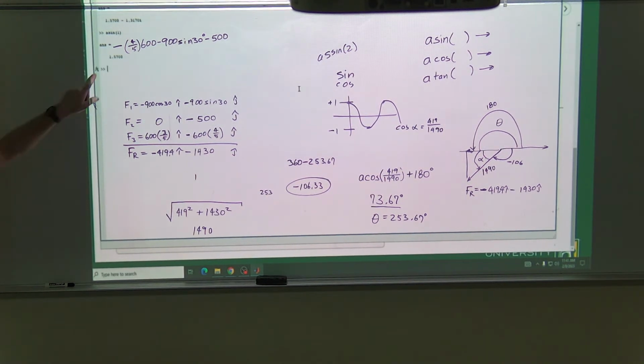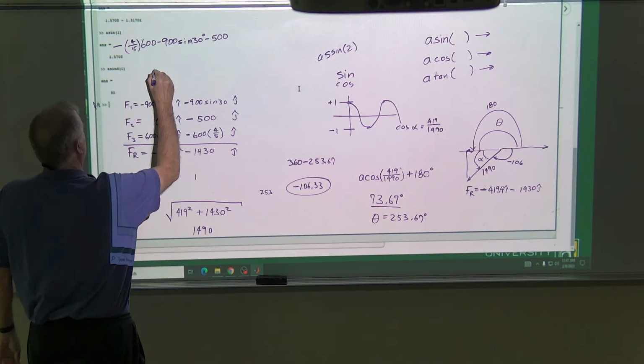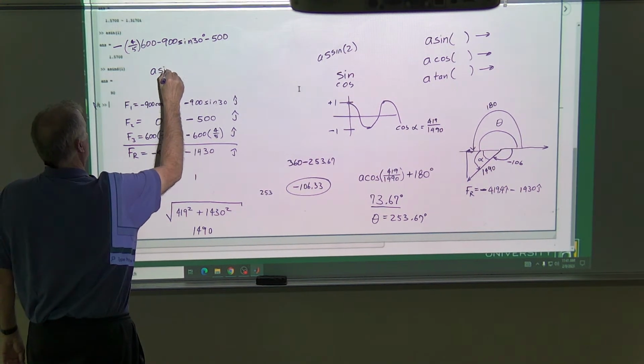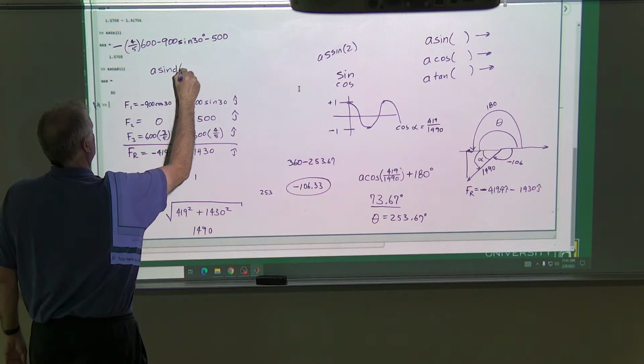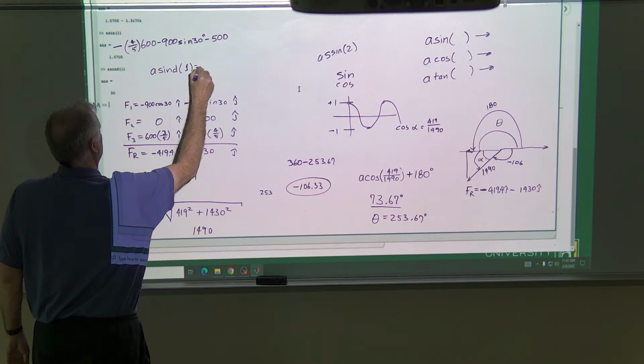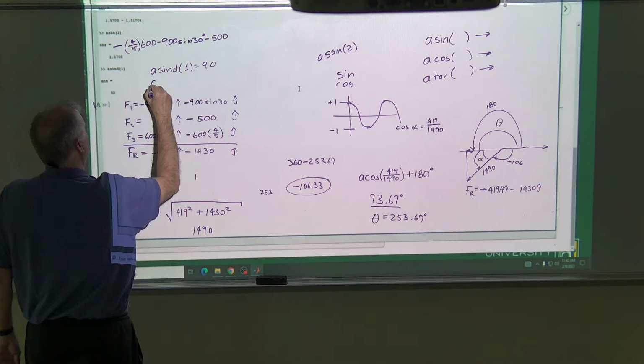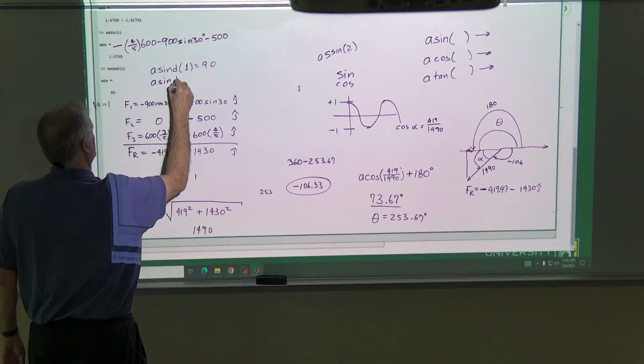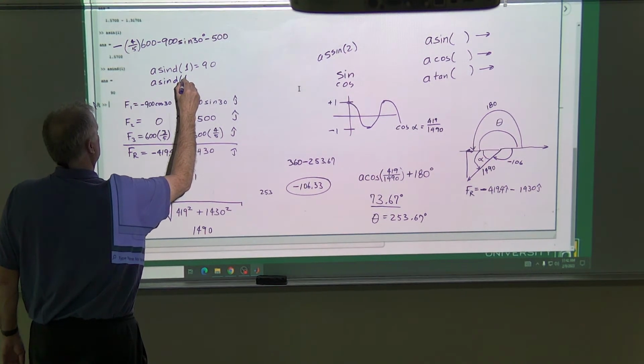And what do you get? You get 1.57. Let's turn it into degrees. And what you get is 90 degrees. So an arcsine of 1 will give you 90. What do you think the arcsine of minus 1 will get you?